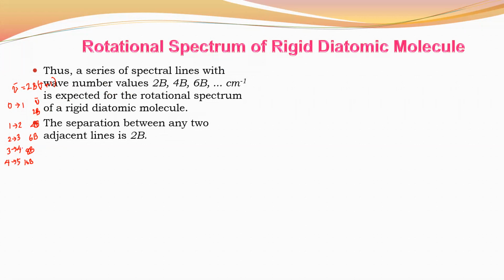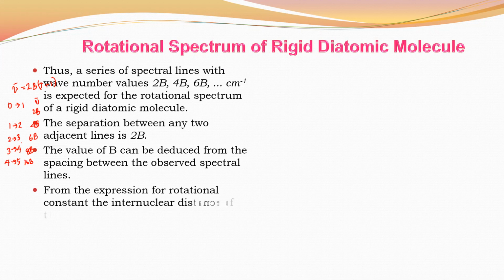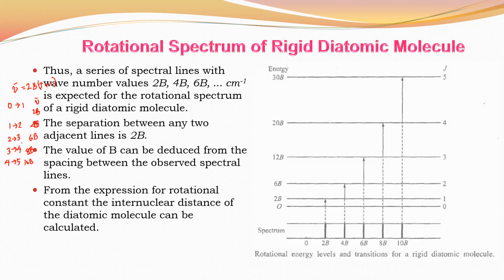Then 10B and 8B, the difference is 2B. So the separation between two adjacent lines is 2B. Then the value of B can be deduced from the spacing between the observed spectral lines, and from the expression of the rotational constant, the internuclear distance of the diatomic molecule can be obtained.